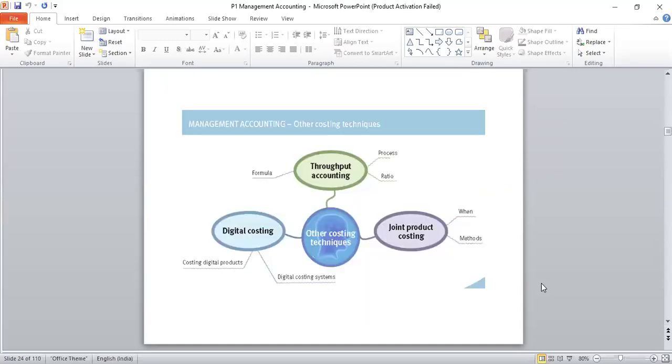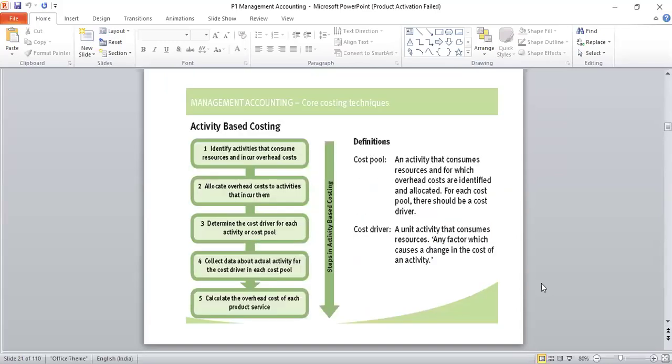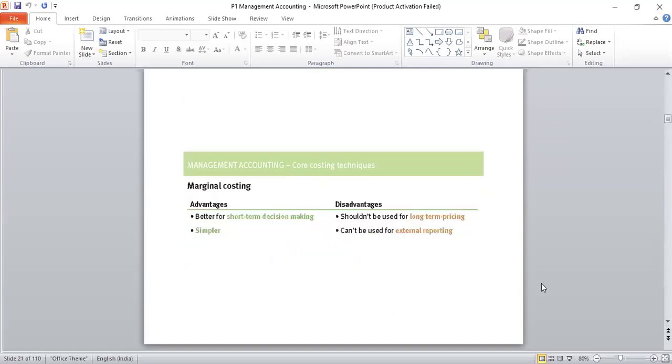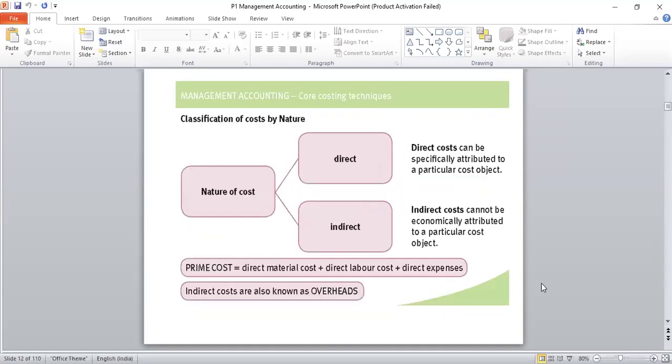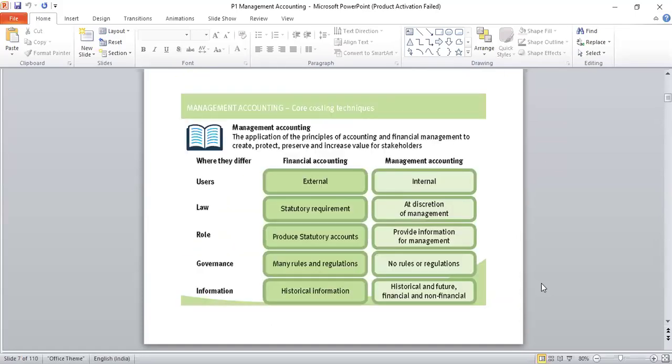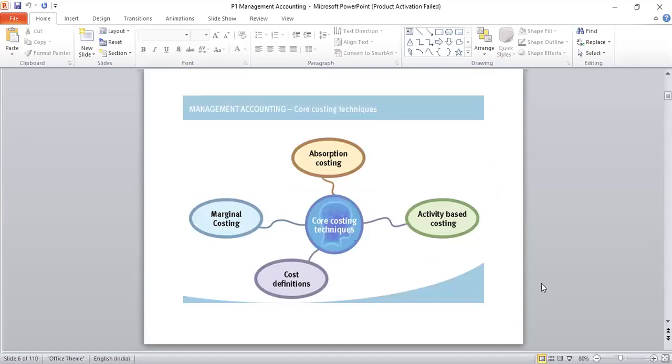But to take up all these things, the most important thing we have to understand is we have to be very strong in terms of the terminology which is used, the various aspects of that. So let's quickly go through what they are, and if we have a strong hold on what these terms are, it becomes easy for us to take up these costing topics and then work out whatever is given there.